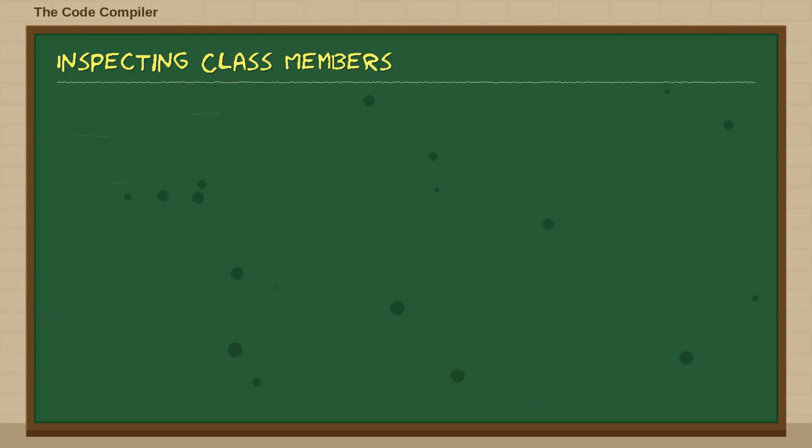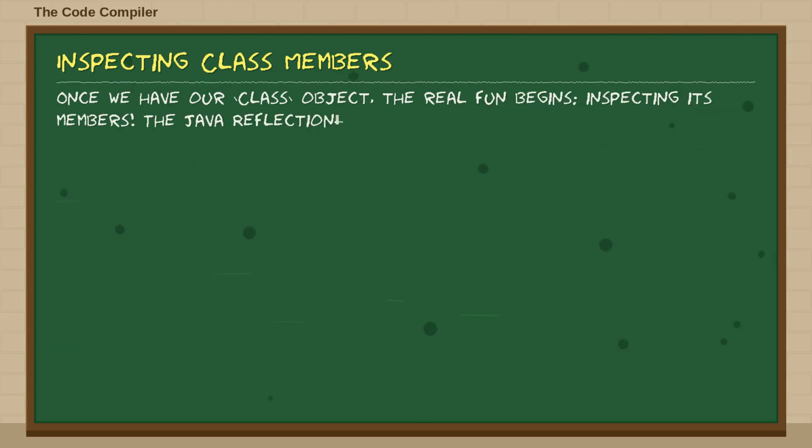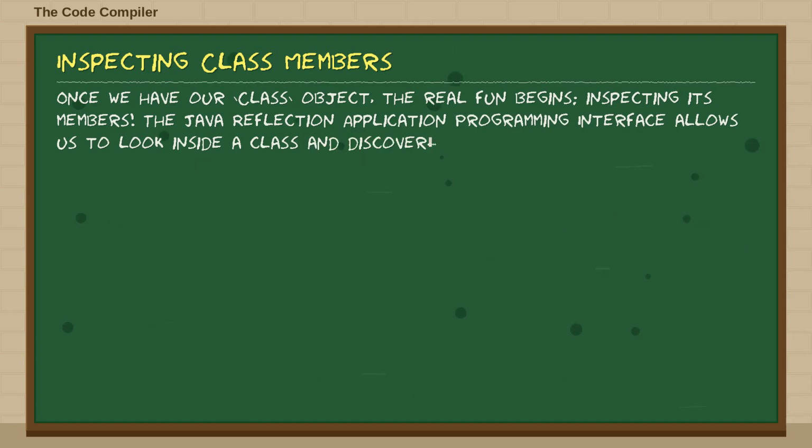Once we have our class object, the real fun begins, inspecting its members. The Java Reflection Application Programming Interface allows us to look inside a class and discover its fields, methods, and constructors at runtime.